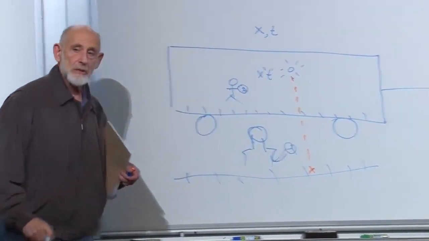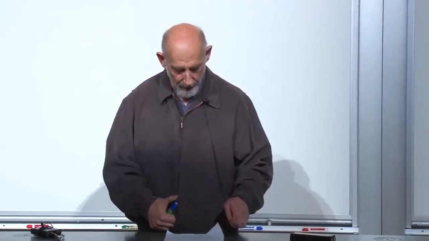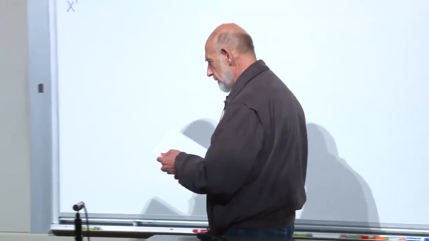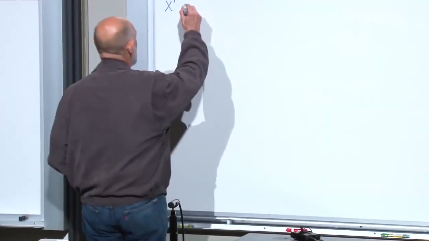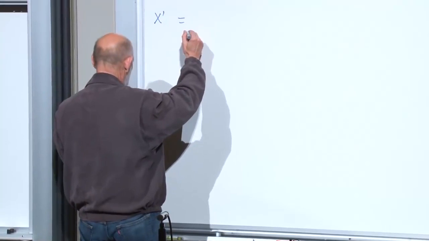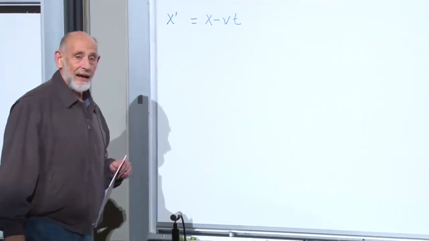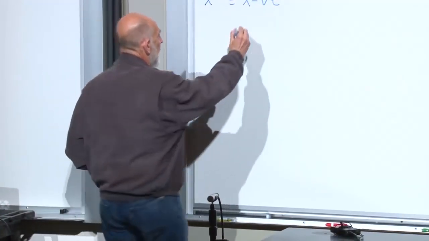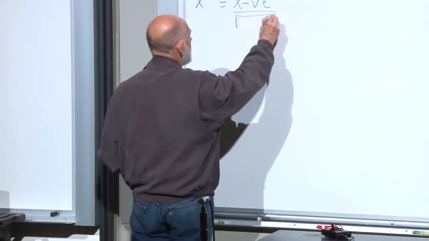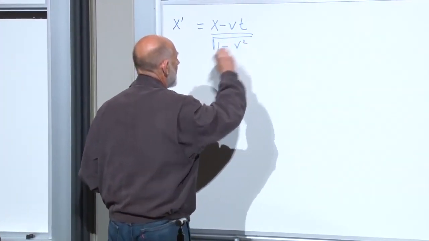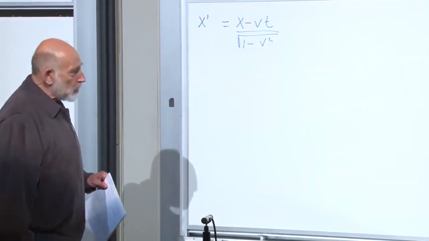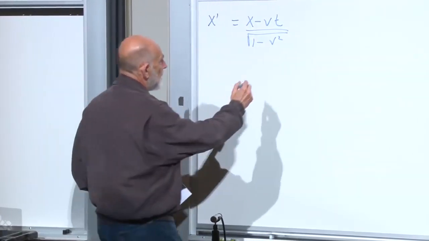And we worked out the last time the relationships that are necessary between x, t and x prime, t prime, such that everybody will always agree that the speed of light is 1. Let me write them down quickly. These are the Lorentz transformations. x prime is equal to x minus vt. Now, Newton would recognize that, but what he wouldn't have recognized was the square root of 1 minus v squared downstairs. And if you want to put back the speed of light, it goes right over here.